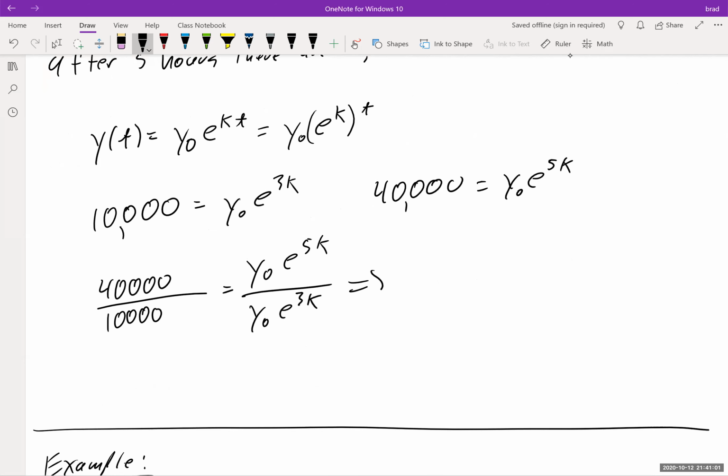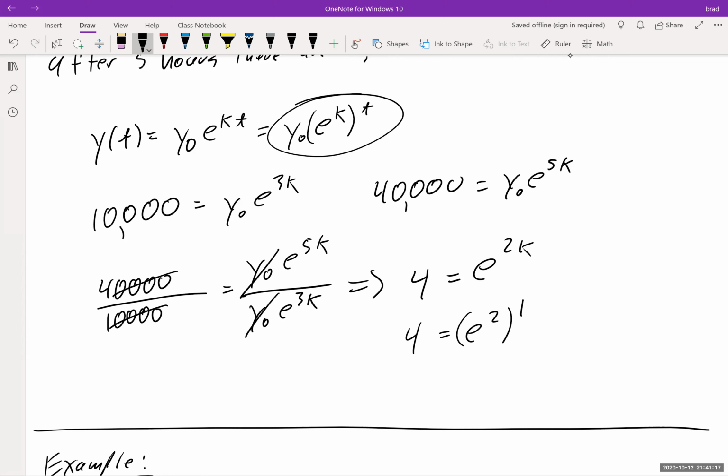Okay. So when all is said and done, this cancels with this, and we're left with 4 equals, this cancels with this, e to the 2k. However, remember I told you that you could rewrite it like this. So this really means 4 equals e squared k, right?